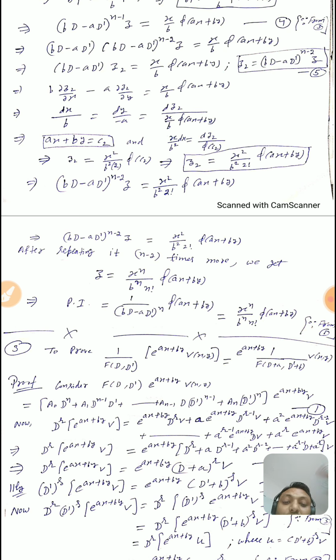We wrote b instead of bxy just for simplification, but it means b is equal to bxy, that is understood.